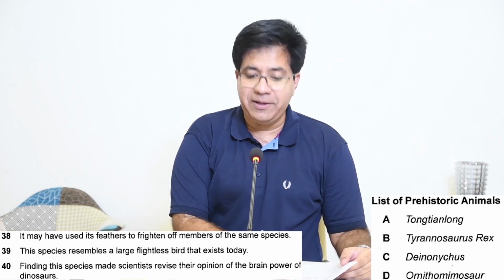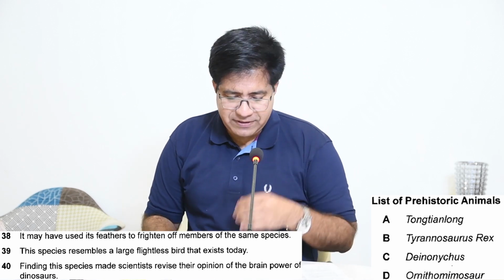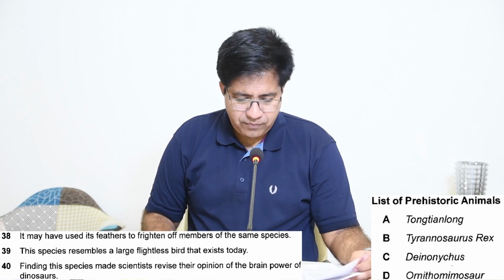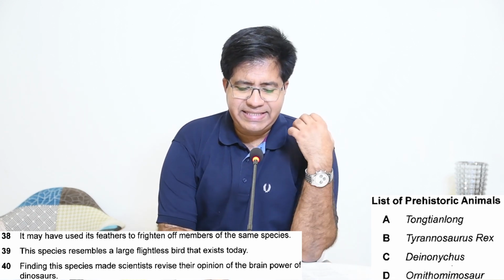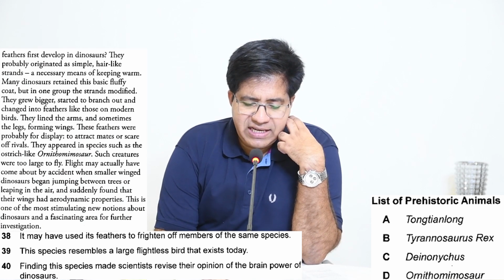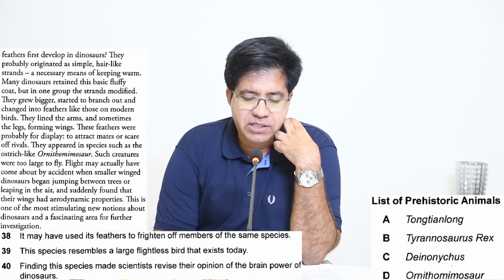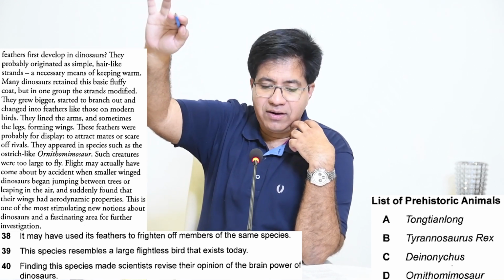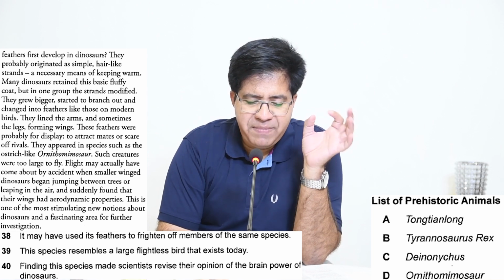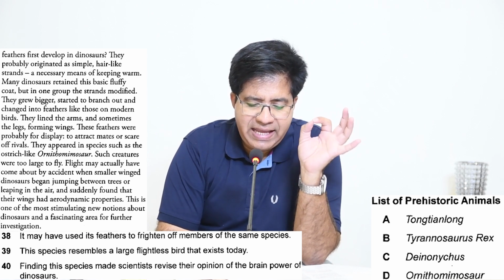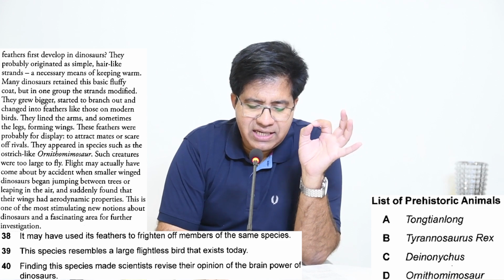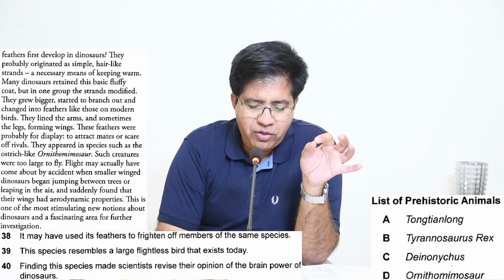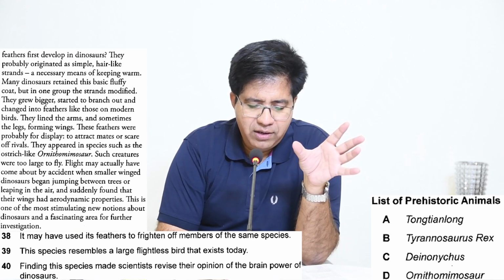That exists today. Alright, let's see if there is any ostrich here. Alright, it's the same paragraph and there is that word ostrich. Found it? Second page, first paragraph, where you found the words mates or scare off rivals. They appeared in species such as ostrich-like, and then the name is Ornithomimosaurus.